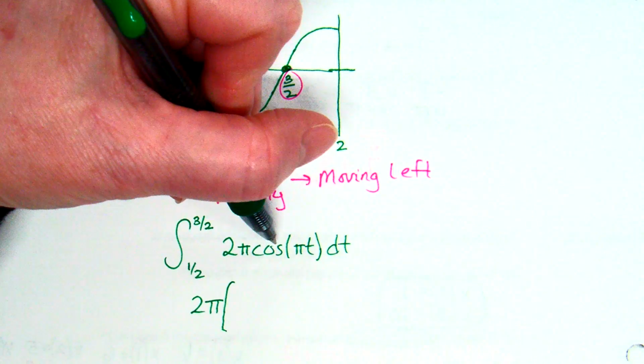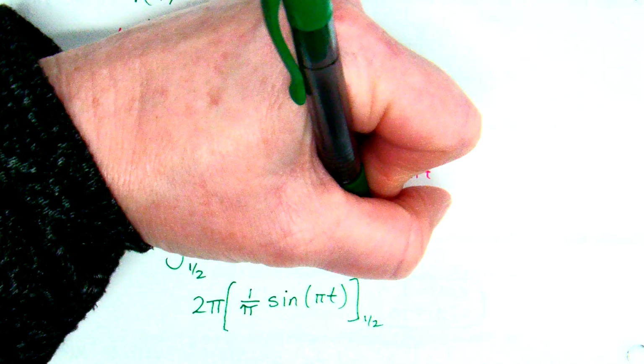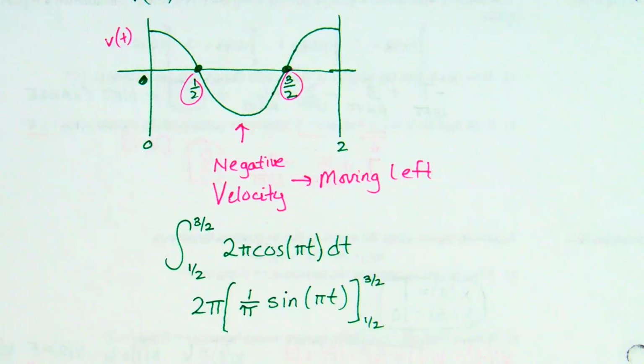If we were taking the derivative, we'd multiply by pi. Since we're taking the integral, we compensate and divide by pi. So I'm going to say 1 over pi times sine of pi t, evaluated from 1/2 to 3/2. Kind of like the integral of cosine of 3t. You guys remember we've done that lately, right? If it's the integral of cosine of 3t, it's sine of 3t, but then times the 1/3 to compensate for that chain rule derivative.